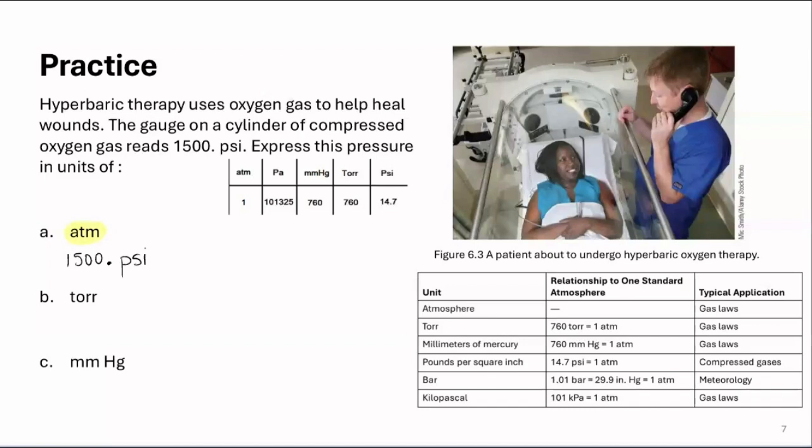We can observe that 14.7 PSI equals 1 ATM. Utilizing dimensional analysis, we place the 14.7 PSI on the bottom, and on the top, we write the unit of 1 ATM, or 1 atmosphere.